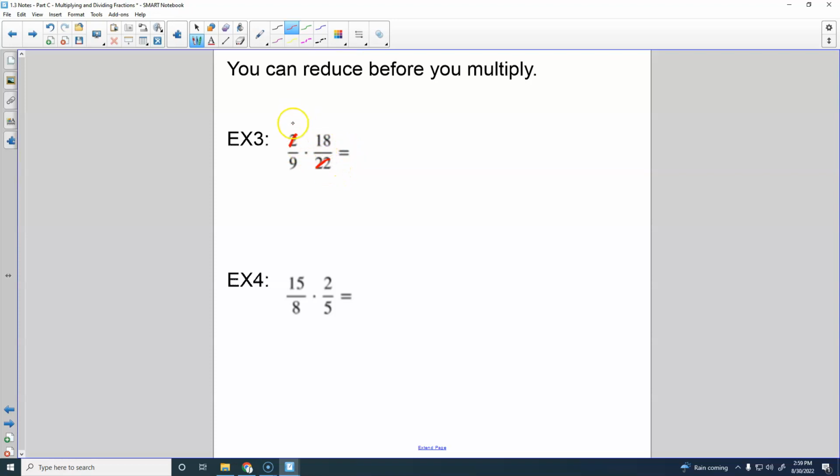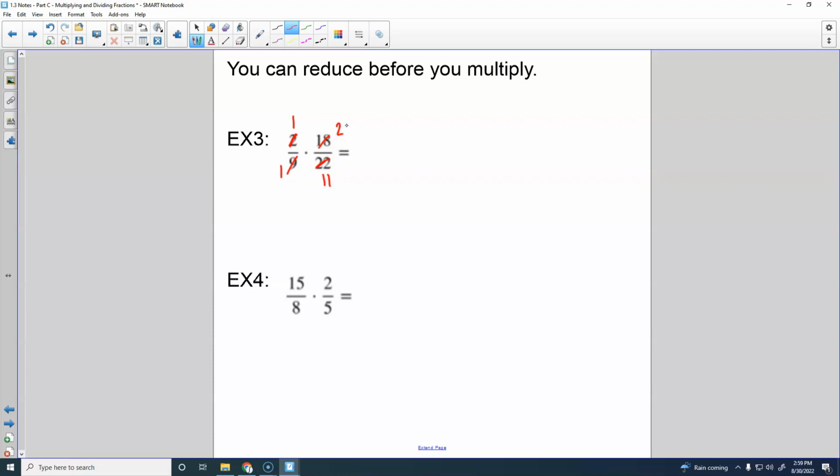So 2 divided by 2 is 1, and 22 divided by 2 is 11. What about 9 and 18? Is there a number I could divide both of those by? 2 won't go into 9. 9 will go into both of them there, right? So I could divide by 9 here. 9 divided by 9 is 1. 18 divided by 9 is 2.